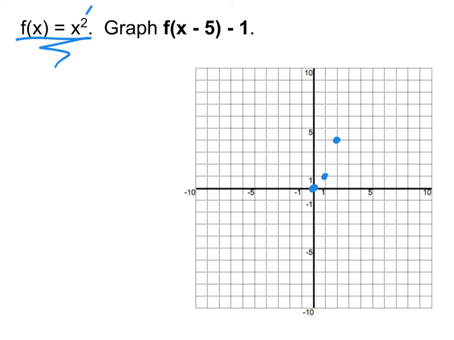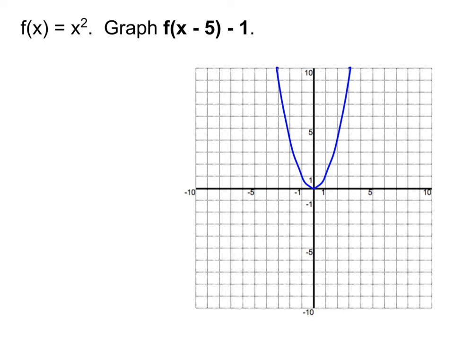Because this is x squared here, that's telling me what to do to it. And if I go over 3, I would square 3 to know that I go up 9. We can do the same thing on the left-hand side, because negative 1 squared is a positive 1, negative 2 squared is a positive 4, and negative 3 squared is a positive 9. So I can plot those points and draw the nice pretty curve that goes through them.